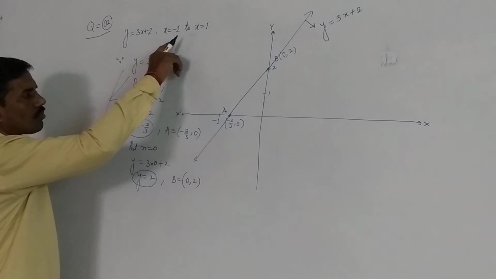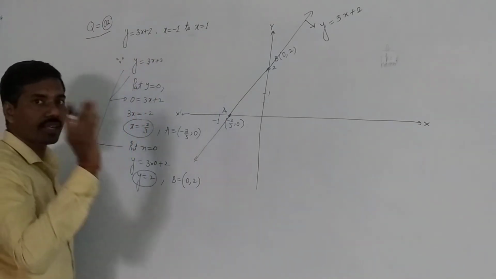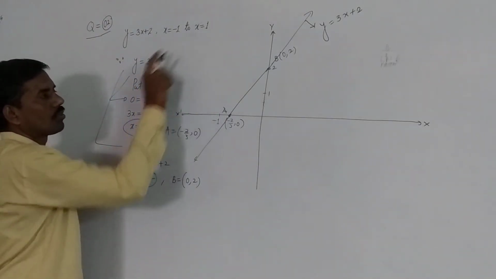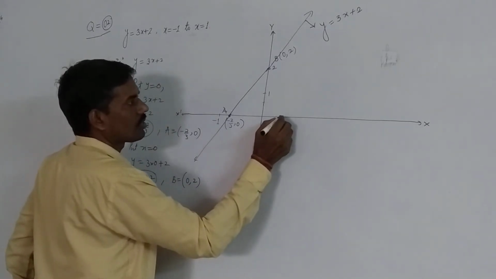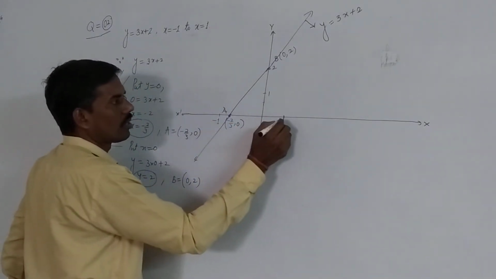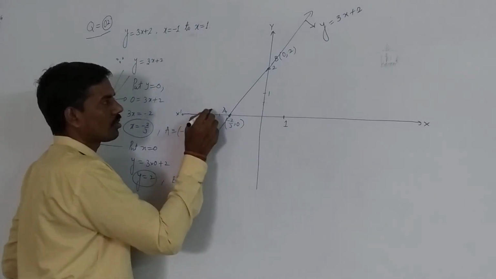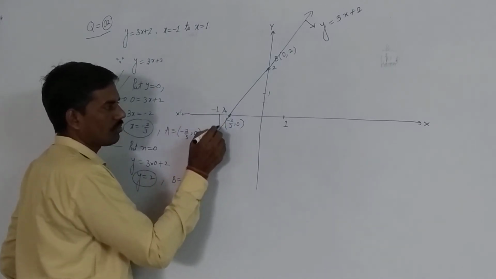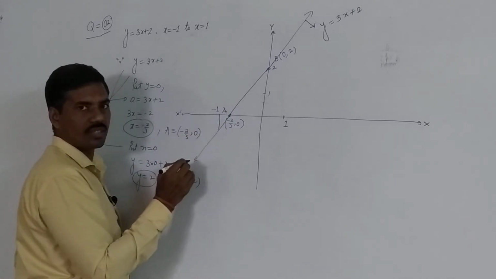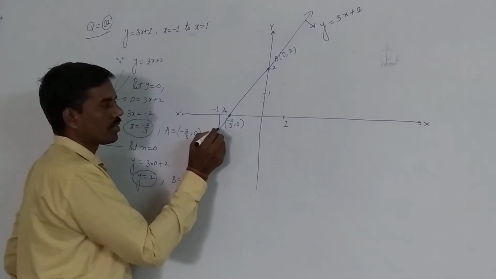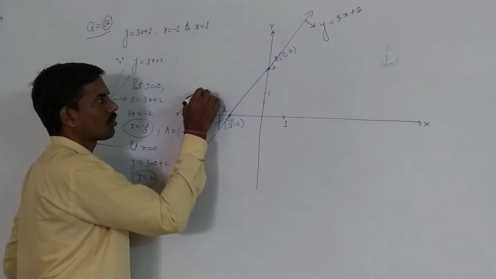Here, since we have to find the area from x is equal to minus 1 to 1, let this one be 1, minus 1 and plus 1. Since minus 1 is here, this equation is x is equal to minus 1.